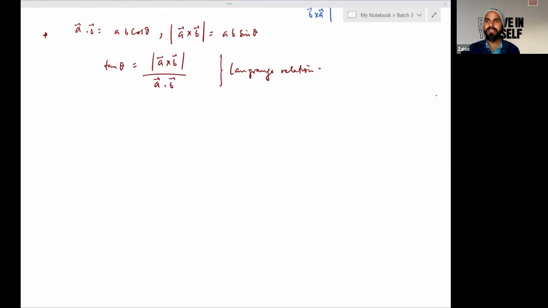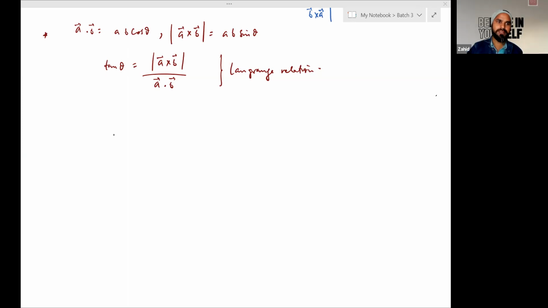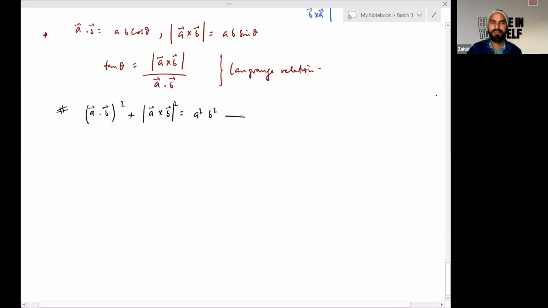Do you have any doubt from last class? No, sir. Okay. There is one more relation related to this: (A dot B) whole squared plus |A cross B| whole squared will give you A squared B squared.